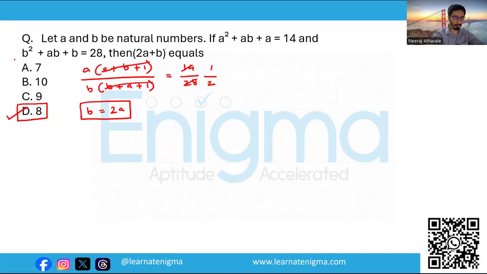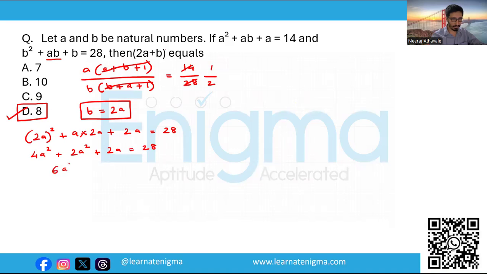Over here in this second equation, we get (2a) square plus a multiplied by 2a plus 2a is equal to 28. So (2a) square gives us 4a square, plus 2a square, plus 2a is equal to 28.